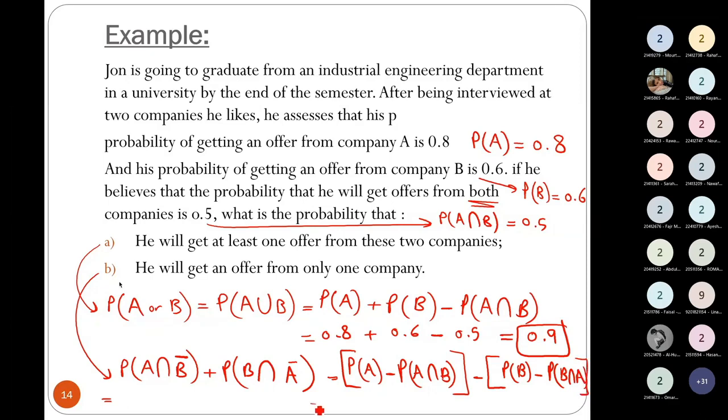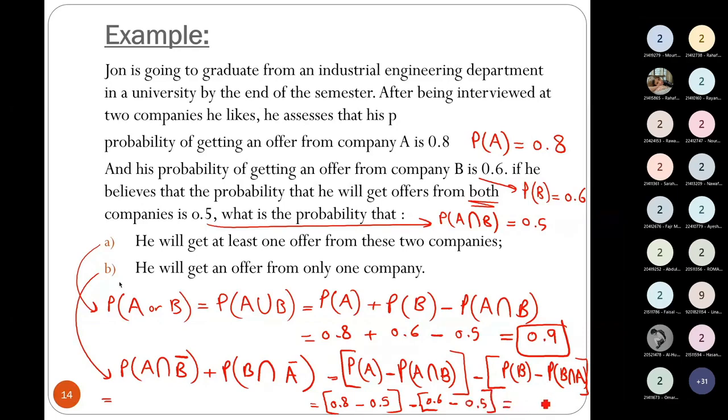This equals the probability of A, 0.8, minus the intersection 0.5, plus the probability of B, 0.6, minus the probability of the intersection 0.5.